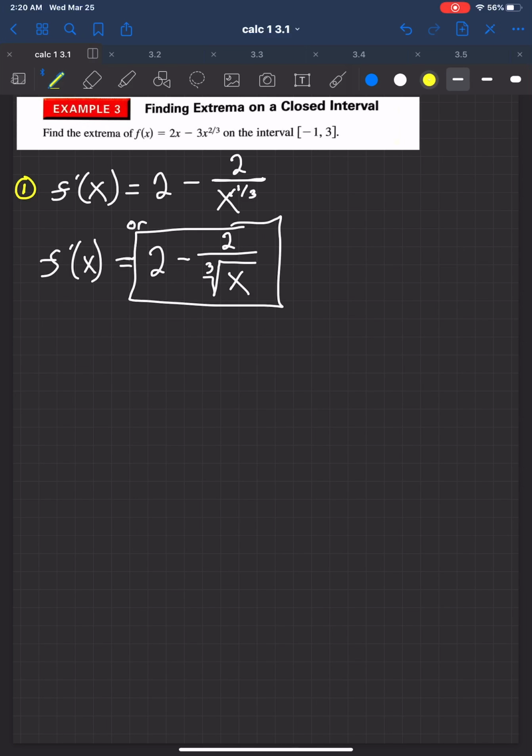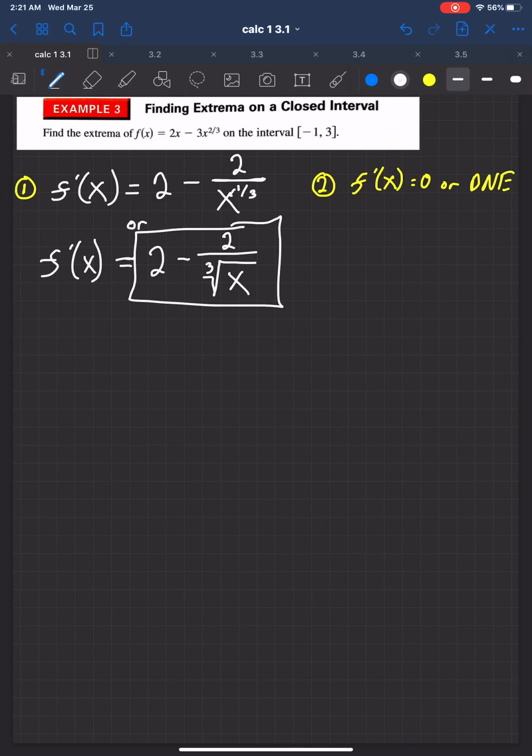All right, let's continue with step 2. Step 2 was to figure out what the critical numbers are. So f prime of x equals 0 or does not exist. That's the definition of the critical numbers that we are going for. So let's take a look at our derivative.